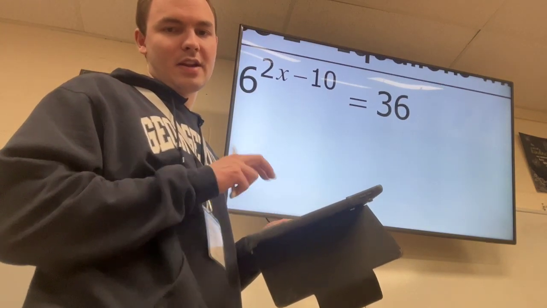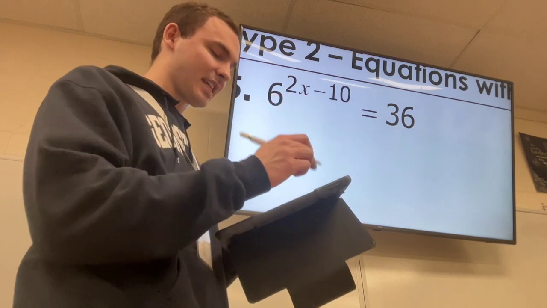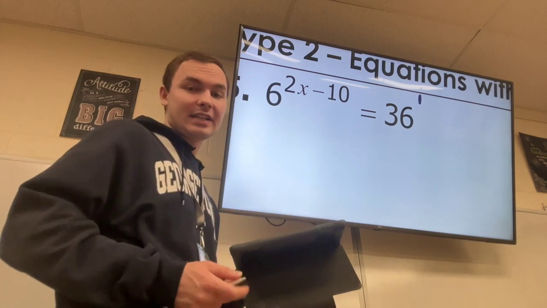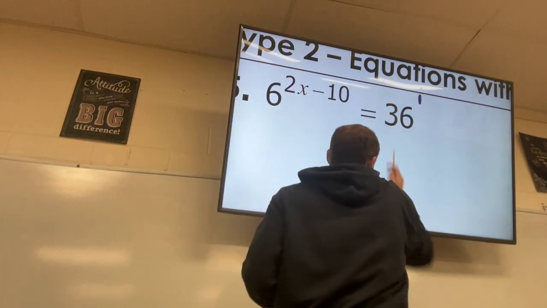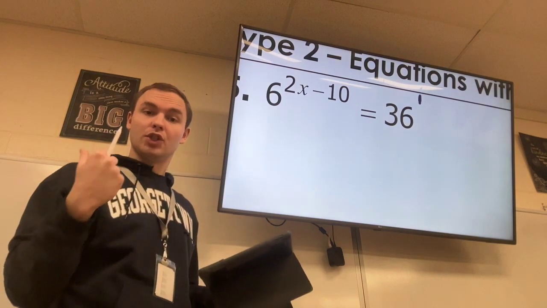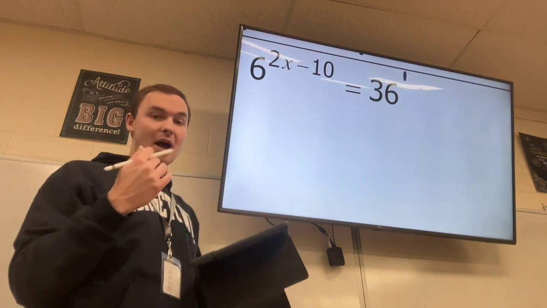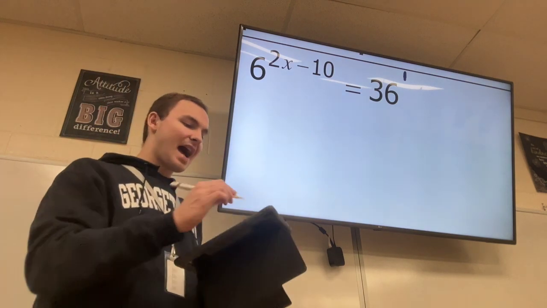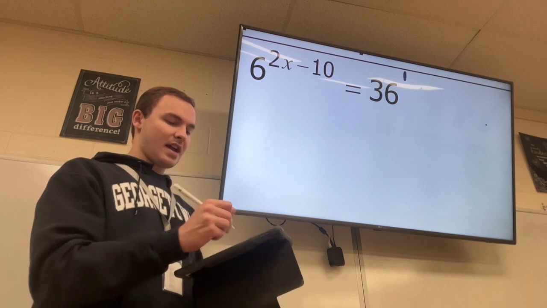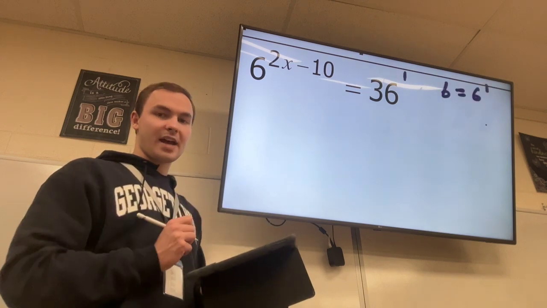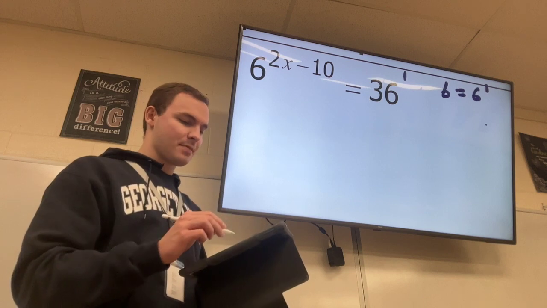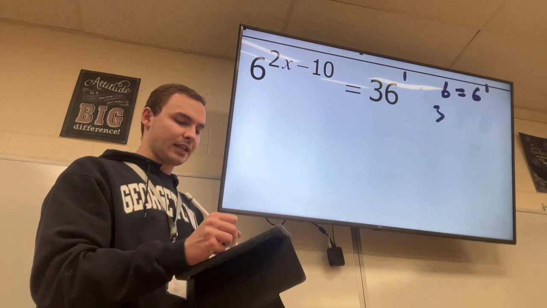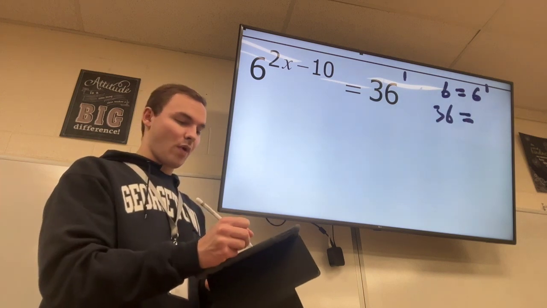My variable is in the exponent, and I don't have a common base yet. 6 and 36 are not the same number, but they're both powers of 6. 6 equals 6 to the 1, and I can rewrite 36 as 6 squared.